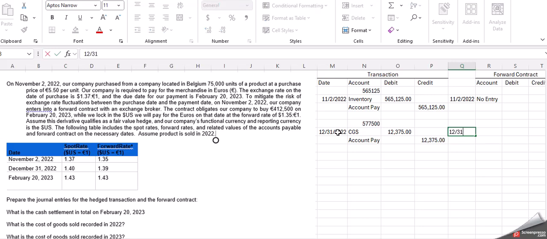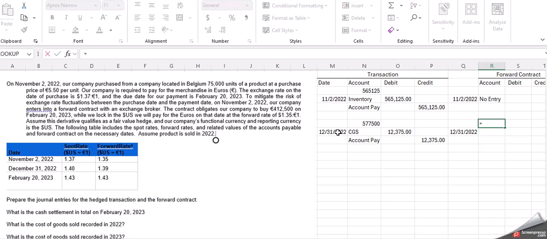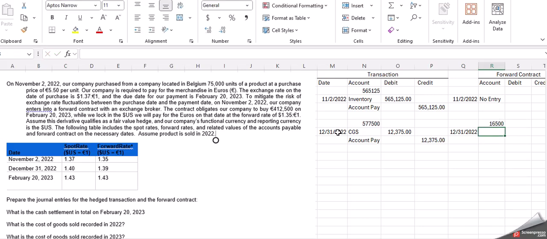Now, our forward contract also changed values. So now it's a 4-cent difference. If I do the math there, I'm going to take the 75,000 times the 5.50 per unit, now times that 4 cents difference. That's 16,500.